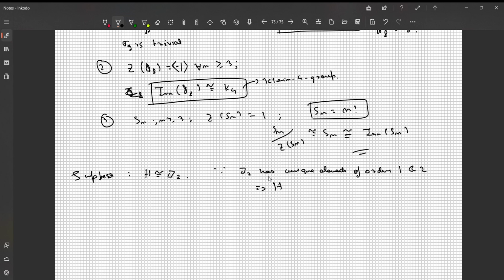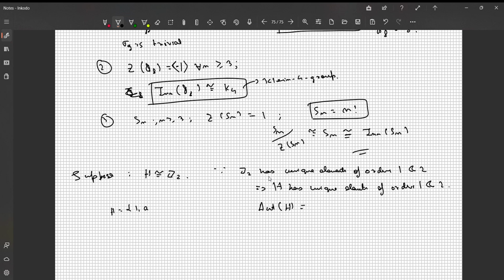So that implies H has unique elements of order 1 and 2, right? But suppose now we consider the automorphisms which H can admit. What can be the automorphism? Now suppose H is of this form.